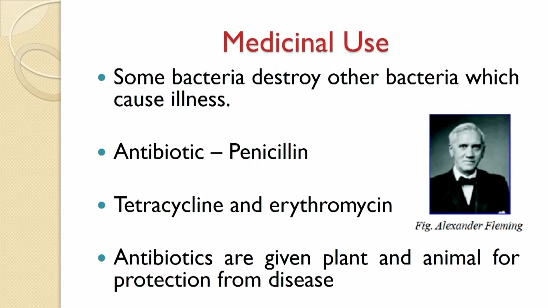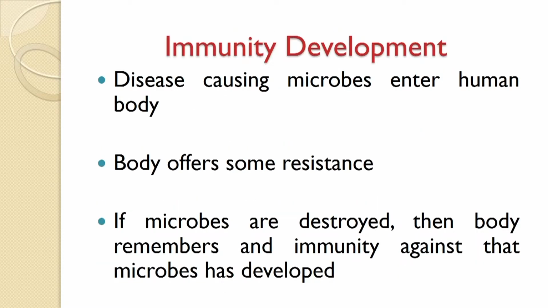It was discovered by Alexander Fleming from a microbe, Penicillium notatum. There are other types of antibiotics called tetracycline or erythromycin, and such antibiotics are given to plants or animals for protection from various fungal or bacterial diseases.